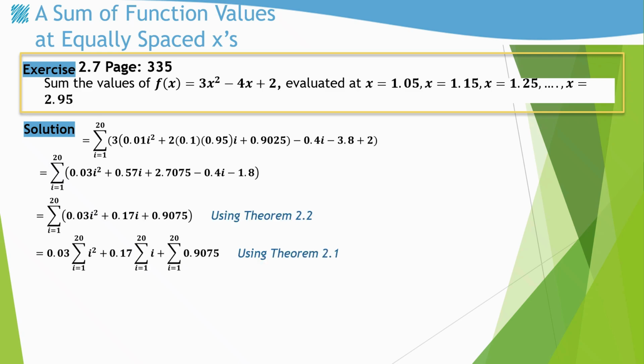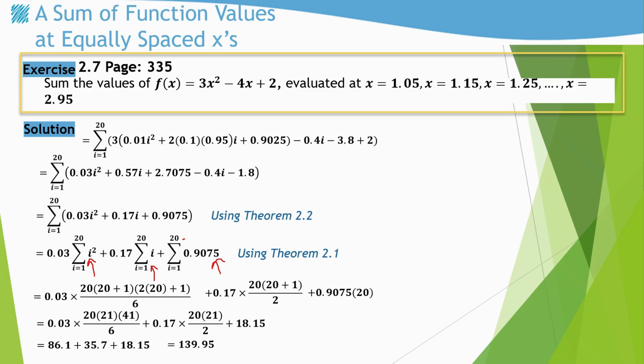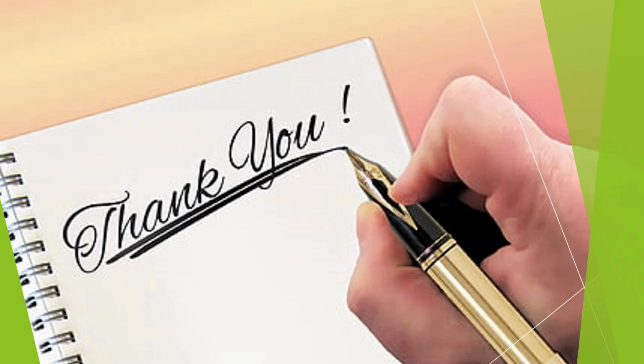Once you group it and split, you can now apply the formulas for the first n natural numbers' squares, natural numbers and constant. Your n value is given as 20 everywhere. So once you apply it in the formula and simplify, you'll get the answer as 139.95. That's all for this topic, sums and sigma notation.